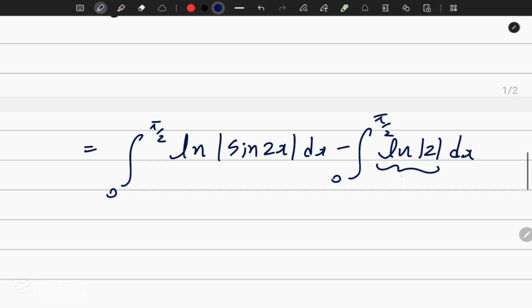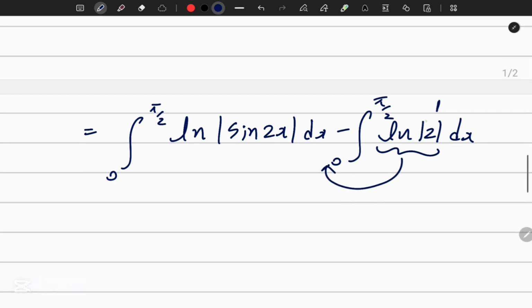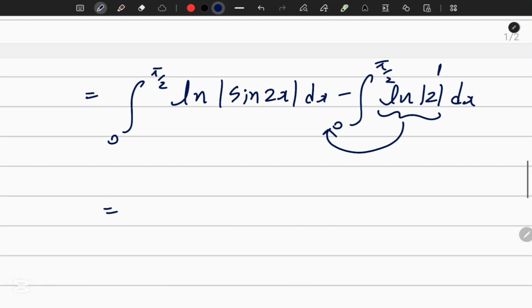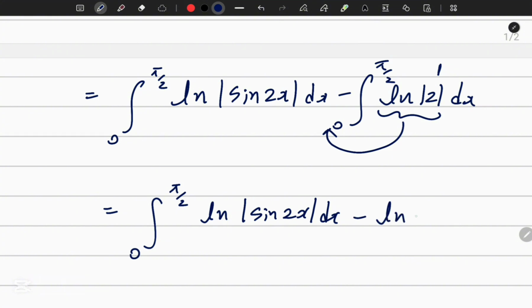ln 2 is a constant, so I can take it out from the integral. So this is 1, and 1 times dx is x. So I can write the integral from 0 to π/2 of ln sin 2x dx minus ln 2 times x, with limits from 0 to π/2.